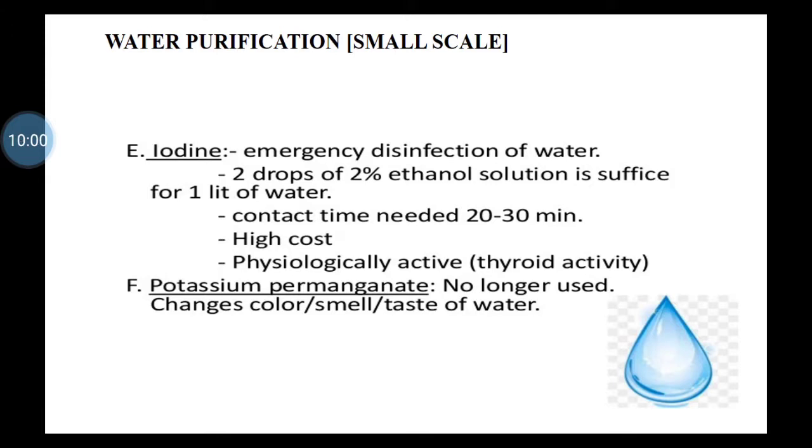Earlier it was used for disinfecting wells, isn't it? And the other thing is that it is not suitable for disinfecting large volume of water, isn't it? It alters the taste, smell and color of the water, isn't it? That is why it is not used nowadays for disinfecting water.